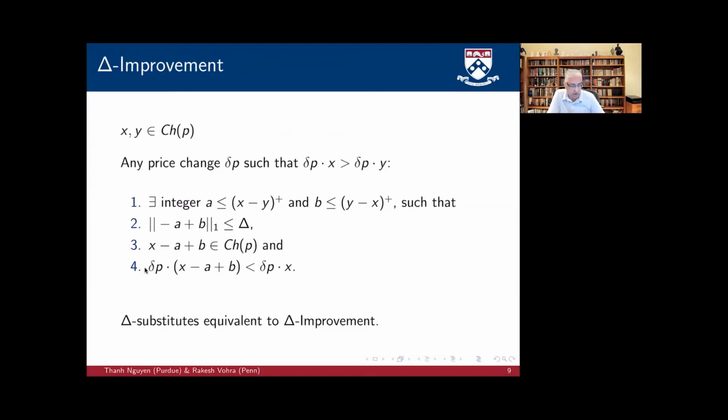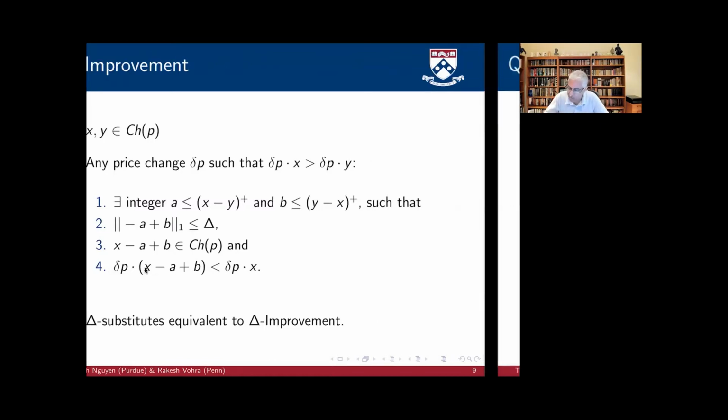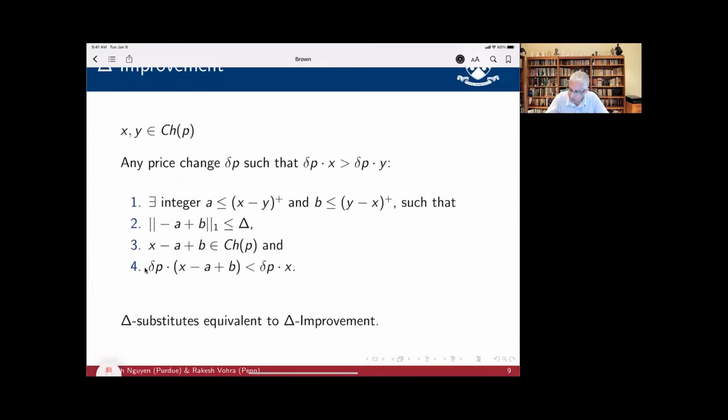And those of you who are familiar, for example, with the papers by Gul and Stacchetti and Kelso-Crawford, you should be thinking about single improvement, which is a special case of this. So take two bundles in your choice correspondence, X and Y, and now imagine I change the price vector in such a way that the price of X goes up by more than the price of Y.